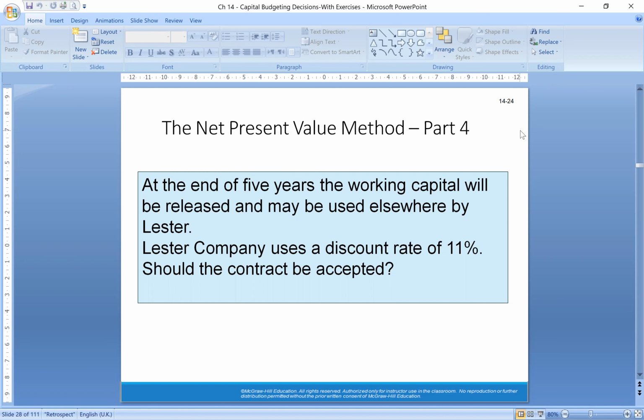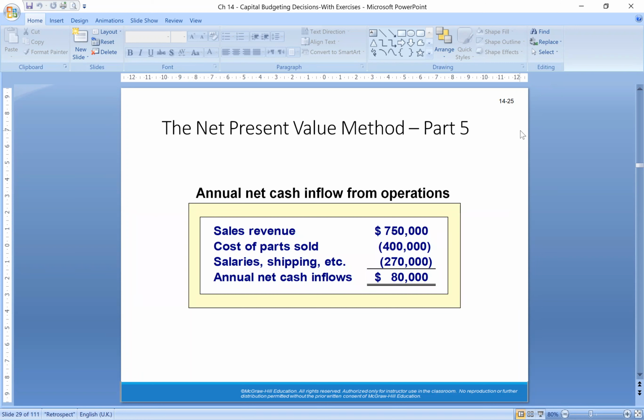In this case, I have to calculate something called net cash flows. Annual net cash inflows from operations. We do have sales revenues of $750,000. This is called cash inflows. Talking about sales, which means inflows.